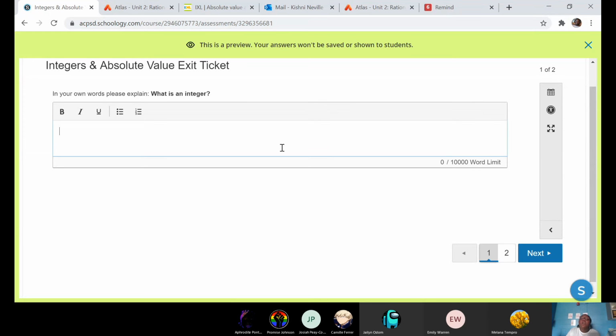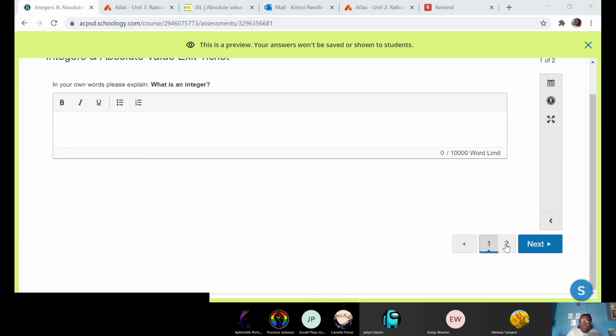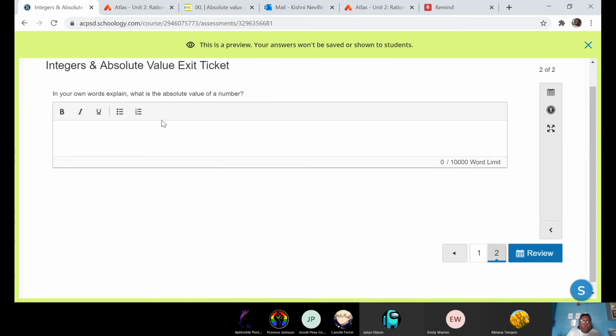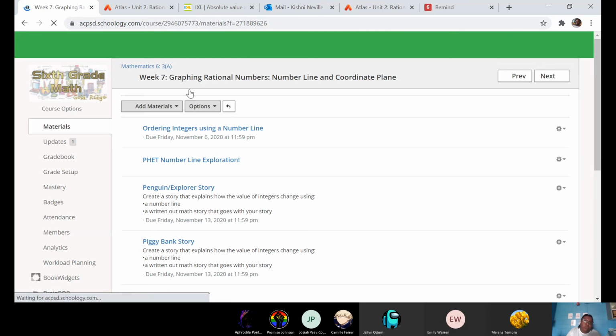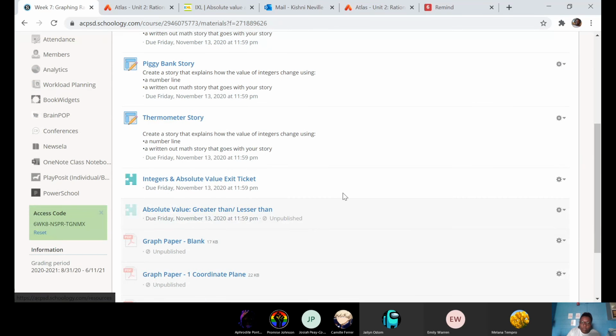Number 1 says, in your own words, explain what is an integer. And number 2, in your own words, explain what is the absolute value of a number. You want to complete this exit ticket today after you submitted your stories.